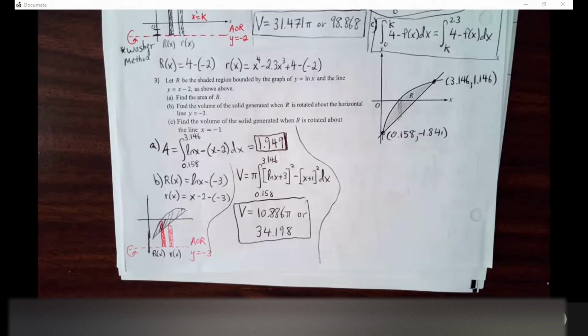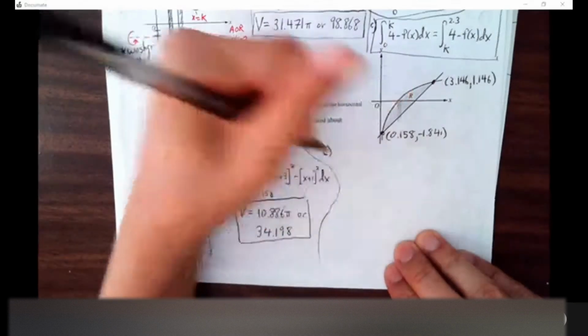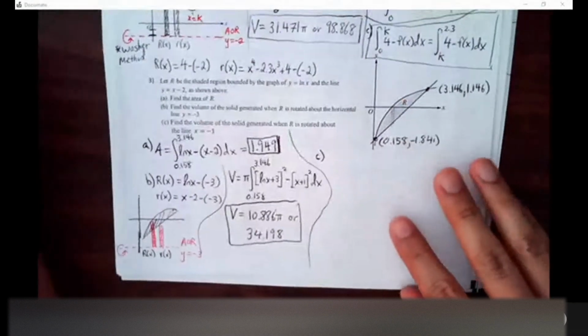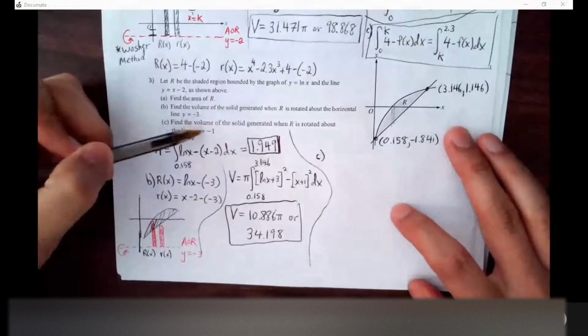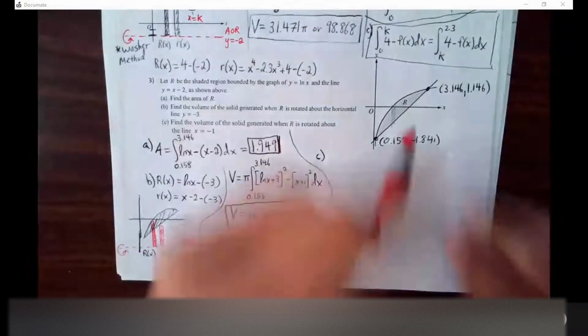All right, part C, find the volume of the solid generated when region R is rotated about the line x equals -1. So I'm going to use this diagram for this. This is going to be a vertical axis of revolution. I'll put this over here.